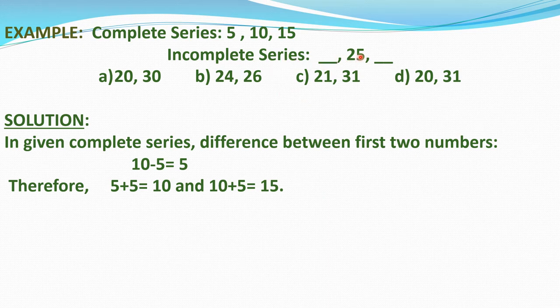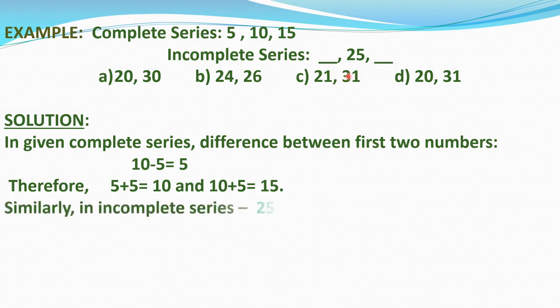So here we have been given 25. Okay beta, and we have to find one number before 25 and one number after 25. First of all we will deduct 5 from 25 to get the first number. When we subtract 5 from 25, we get 20, and when we add 5 to 25, we get 30.